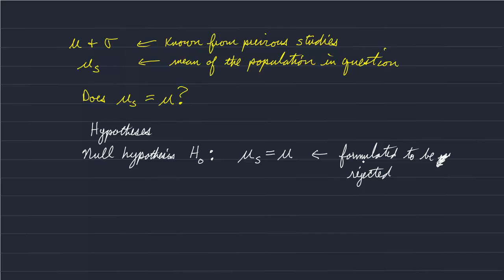Okay, and the second hypothesis is the alternative. The alternative hypothesis, and we'll call that H sub 1. And of course, the alternative to this hypothesis is that the mean of the sampled population is not the same as the mean of the previously studied population.